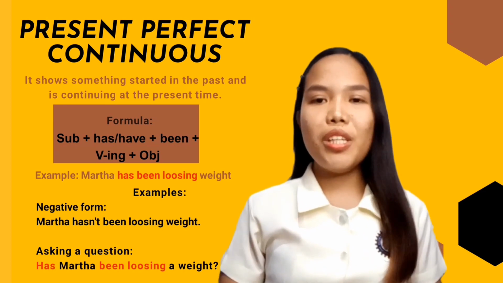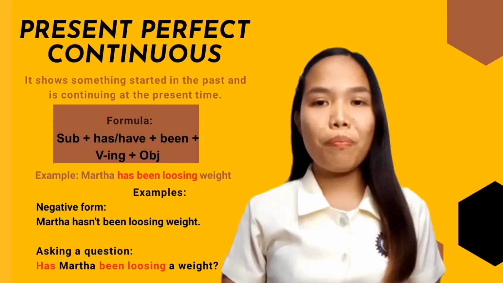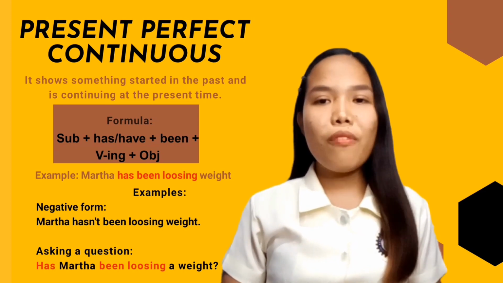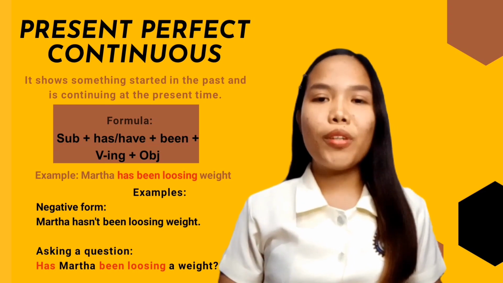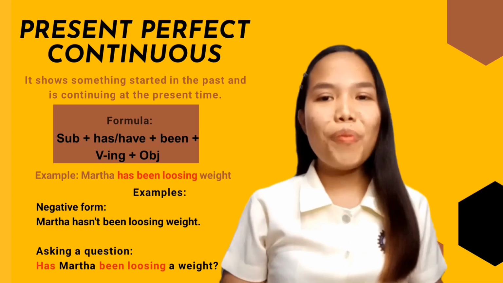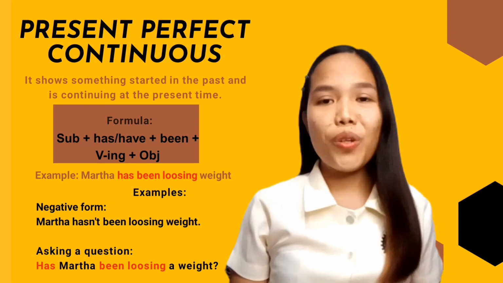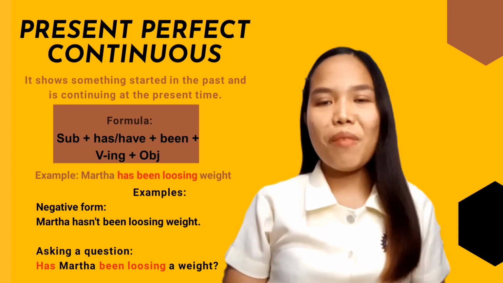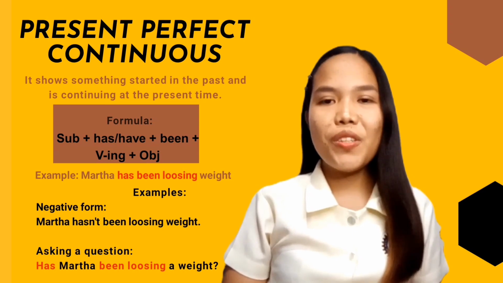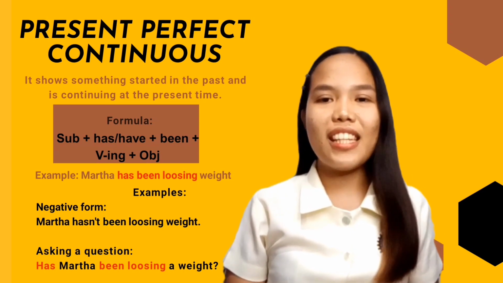Present perfect continuous is simply like the present perfect tense. The only difference is you have to add the word been and the verb with ing. And that will be all in the present tense. I hope you learned something on how to use the simple present, present perfect, present continuous, and present perfect continuous in a sentence.